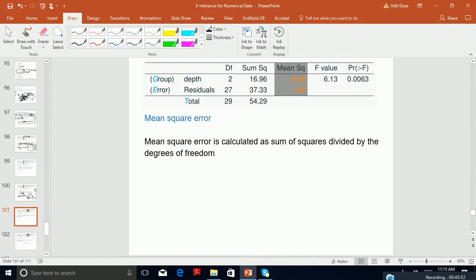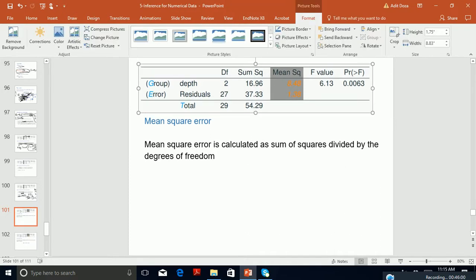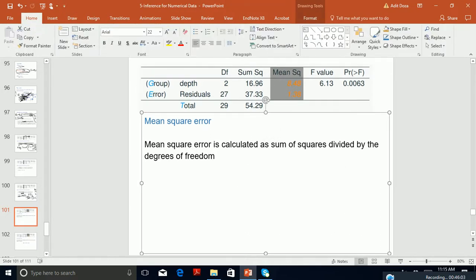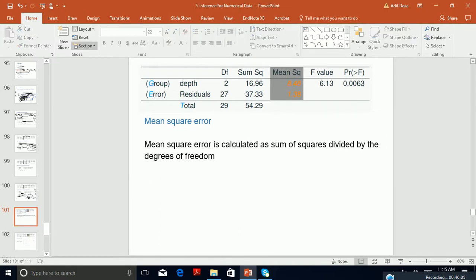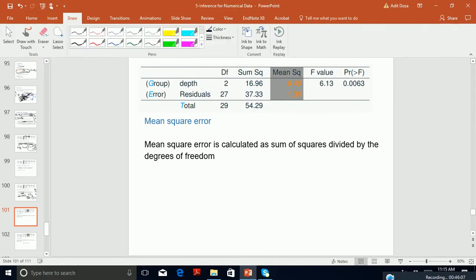And what is the mean square error? Mean square error is calculated as sum of squares divided by the degree of freedom. So sum of squares is this and this. You divide it by the degree of freedom, you get the mean square error.